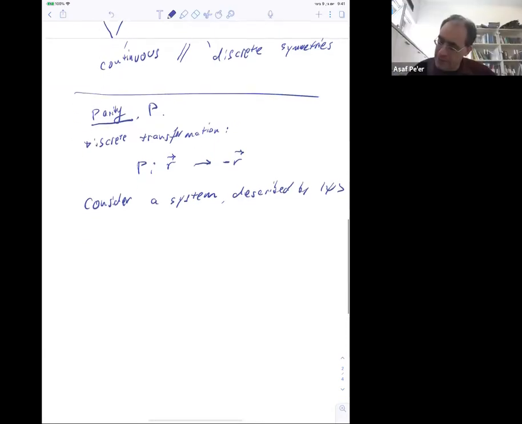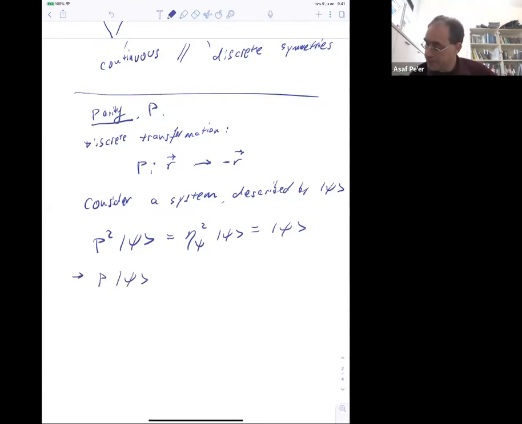So if I act on the system with P squared on psi, and I call the eigenvalue of P eta, it will be eta squared psi, and this is going to be equal to psi. So I deduce that when I act once with P, it has to give plus or minus eta psi, which is plus or minus 1 times psi.